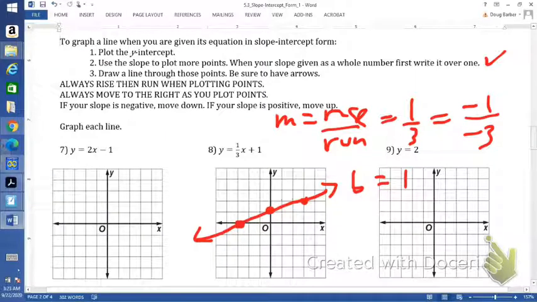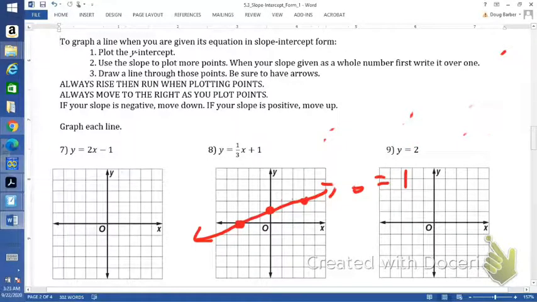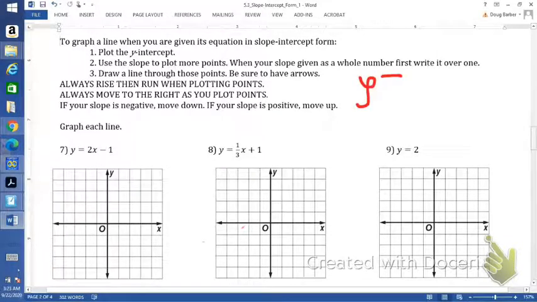Alright, and then for the last one, remember what I said about horizontal lines. So horizontal lines, how do we write them? y equaling whatever the y-intercept is.